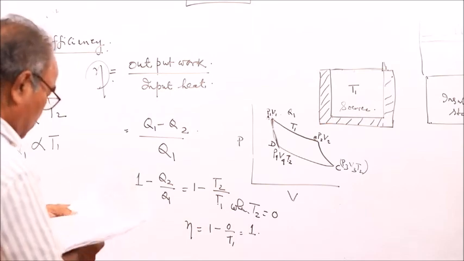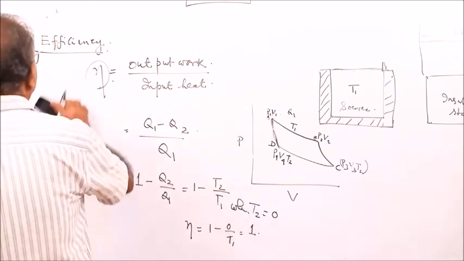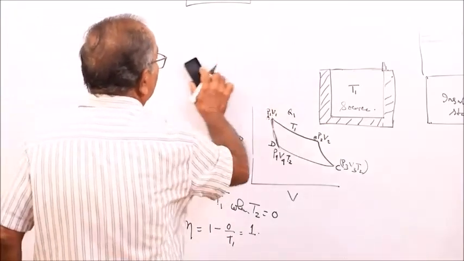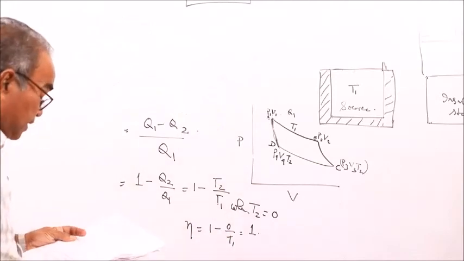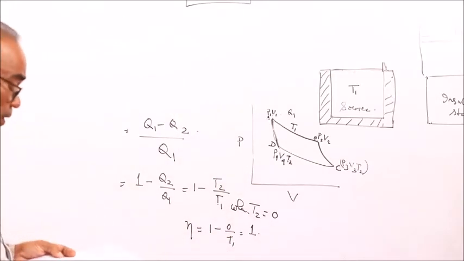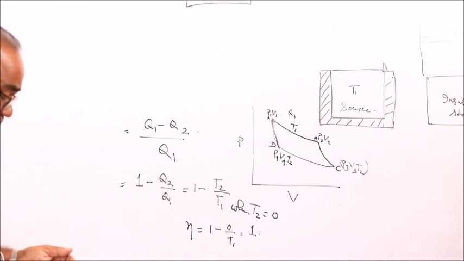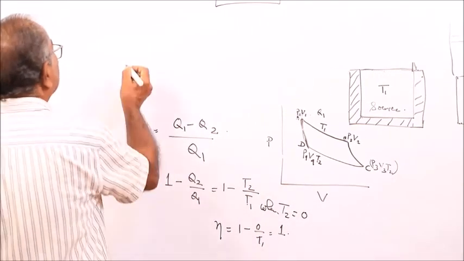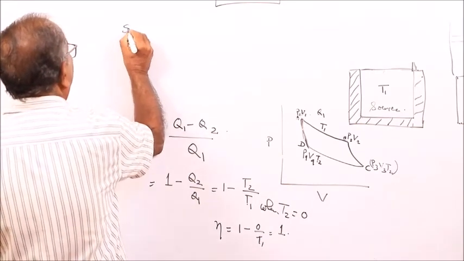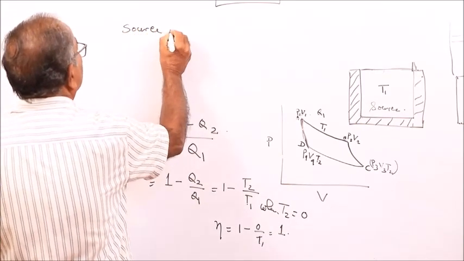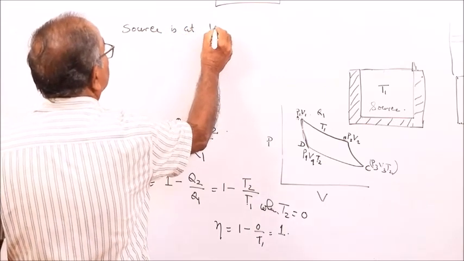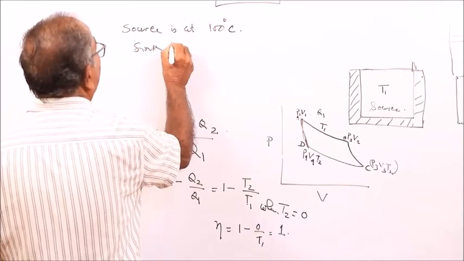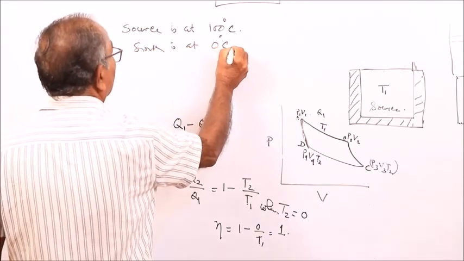So let us work out a problem. Find the efficiency of a Carnot engine operating between the ice point and boiling point of water. That means the source T1 is at 100 degrees centigrade and the sink is at 0 degrees centigrade.